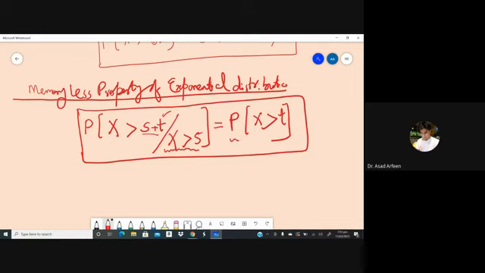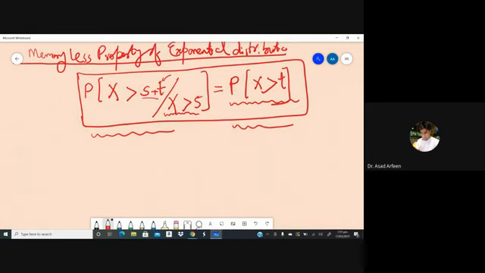You can see that it is independent of s. If another person joins and starts waiting, the additional time is t, because s has passed, and the probability will be the same. For the coming of a bus, or a packet on a link, it does not depend upon how much you have waited previously.